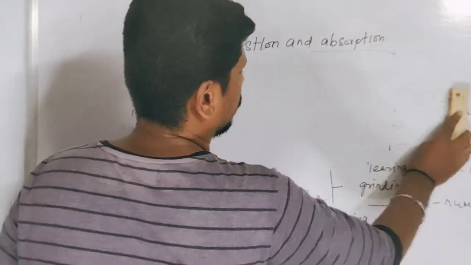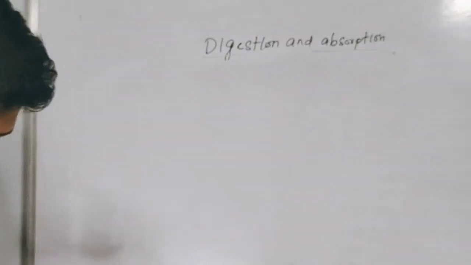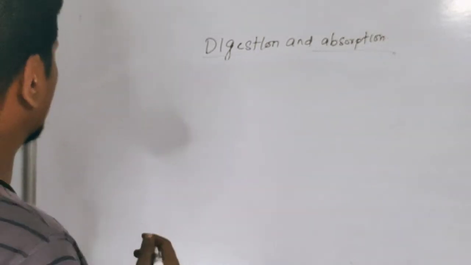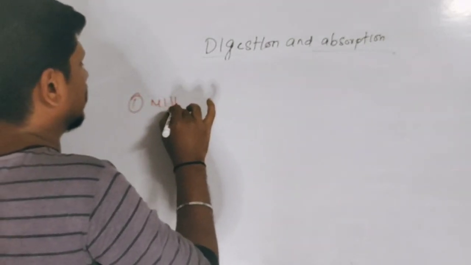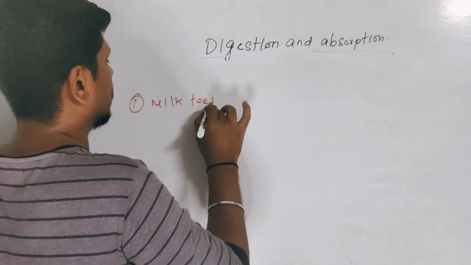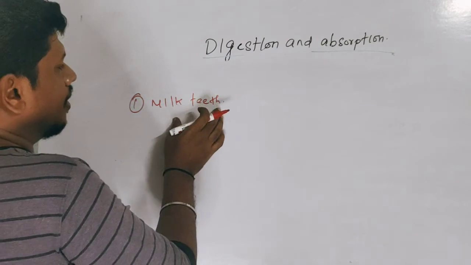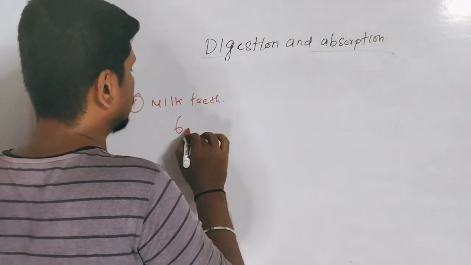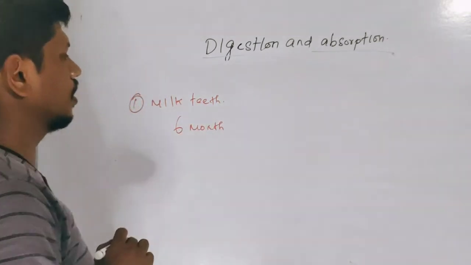Now I want to start with milk teeth. See, these milk teeth are going to be grown around 6 months onwards.